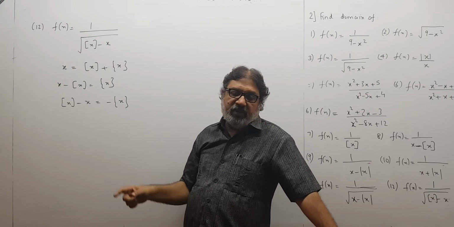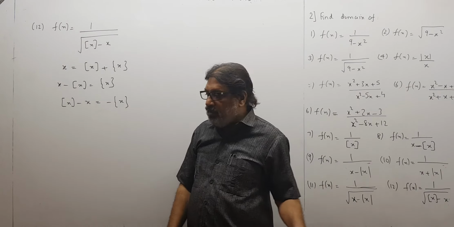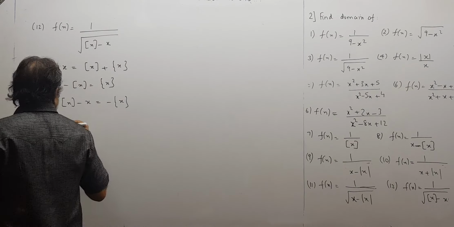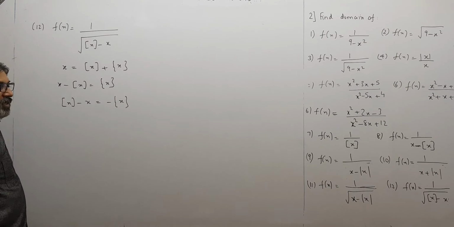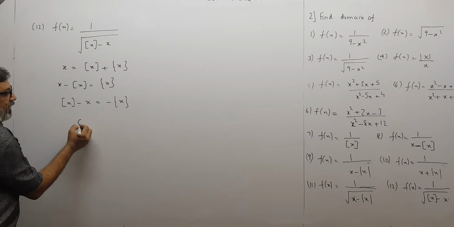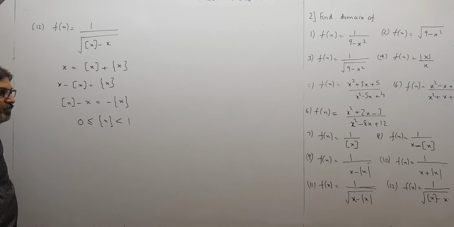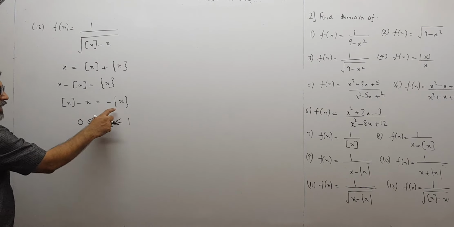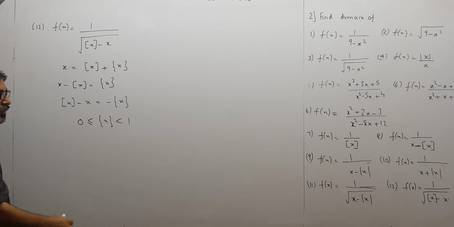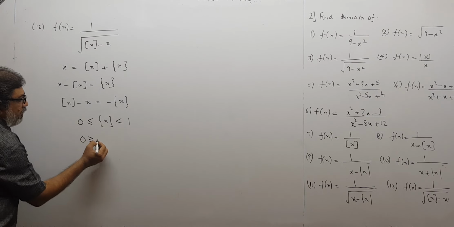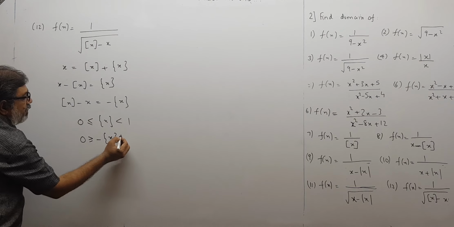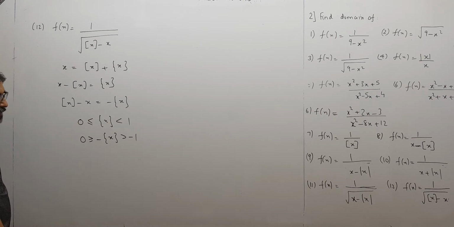Only then can the function be defined, otherwise no. So we want minus fractional part of x to be positive. But we know that the fractional part of x always lies between 0 and 1. So multiplying by minus, the inequality sign will change. So 0 greater than or equal to minus fractional part of x greater than minus 1.